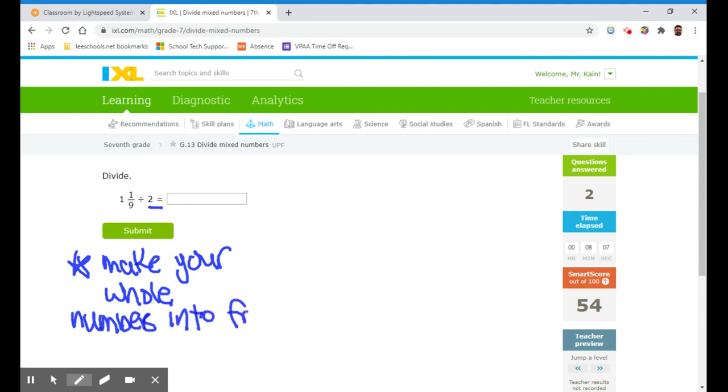Into fractions, okay? So notice it's 2, right? So let's write this down. 1 and 1/9 divided by 2. So the 2 is not a fraction yet, but we need to just go like this. Divided by 2 over 1.